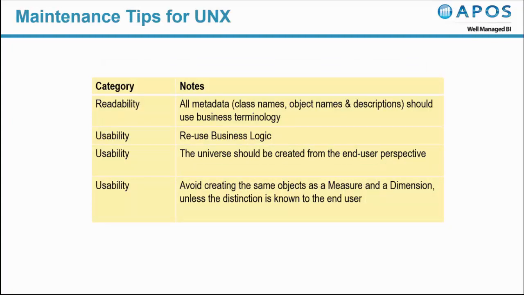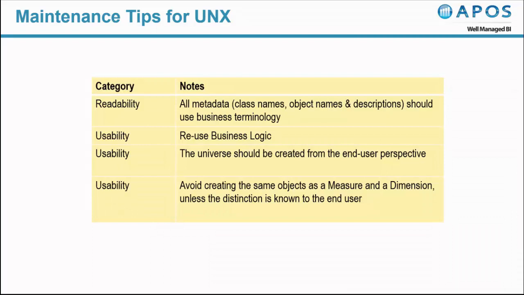Talk a little bit about maintenance tips for UNX, and of course these relate back to UNVs as well. A lot of these are just common sense, but sometimes common sense isn't that common. So just a good idea to reiterate some of these topics. So all metadata, that is class names, object names, should use business terminology. And that seems, as I said, one of those things that's just common sense.